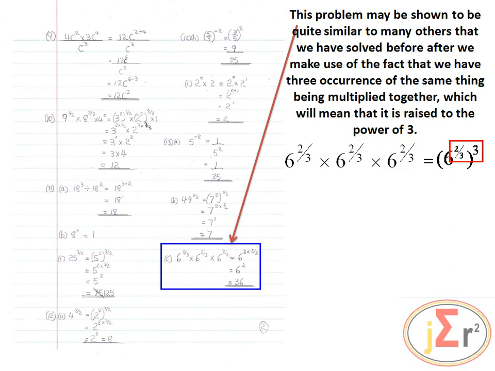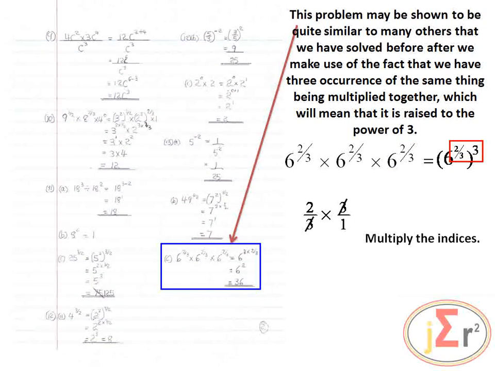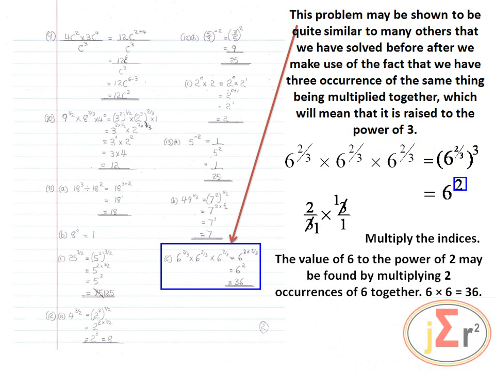And remember that when we have a power raised to another power, we multiply the indices and reduce by a common factor of 3. All that is left is 2. 6 to the power of 2. 2 occurrences of 6 multiplying together. The value of 6 raised to the power of 2, or 6 squared, may be found by multiplying 2 occurrences of 6 together. 6 multiplied by 6 is equal to 36.